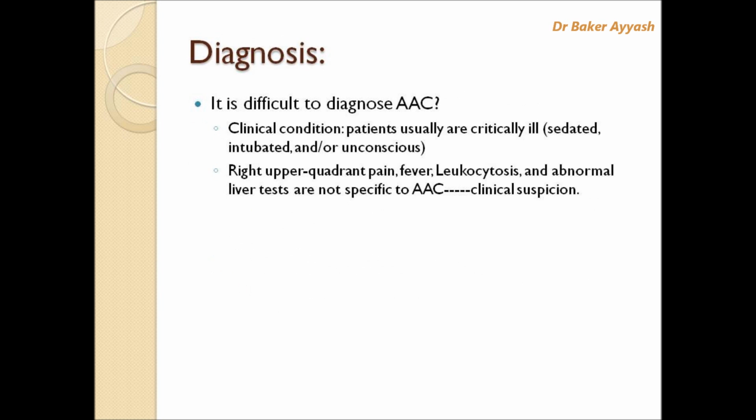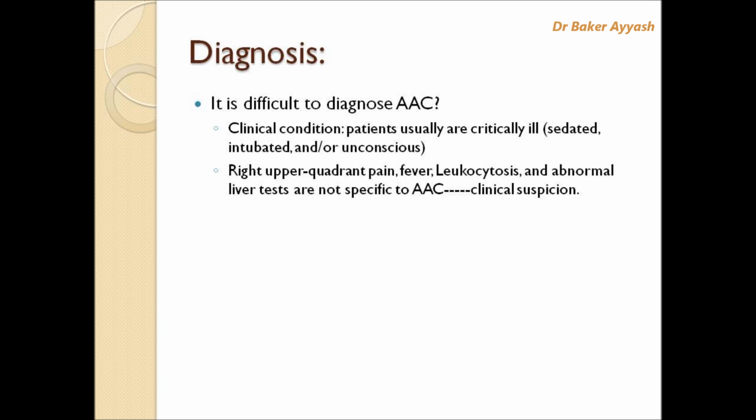So the diagnosis of acute acalculous cholecystitis depending on the clinical features only is very difficult because the clinical findings will not establish the diagnosis. There are many confounding factors. Patients usually are critically ill and might have no ability to corroborate findings while sedated, intubated, or unconscious in an intensive care unit.